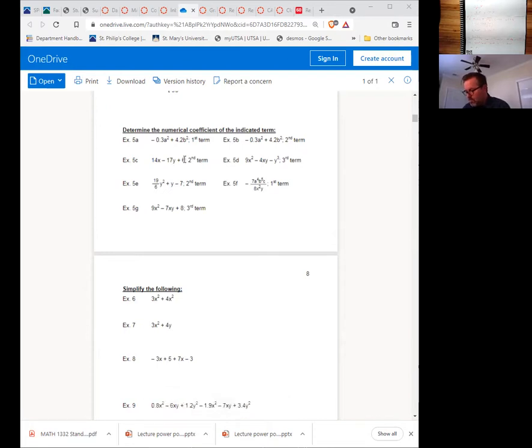Remember what we said last time, what is a term? A term must be separated by a plus or a minus. So 14x is the first term. Negative 17y here is the second term. 6 is the third term. So the coefficient of the second term is the negative 17 here. Okay. So as long as you know what a term is, you should be able to find the coefficient, no problem. 1, 2, 3 terms. You would say negative 1 here.